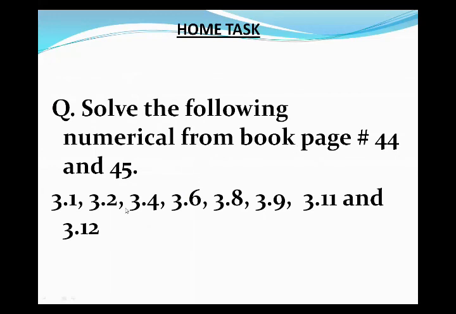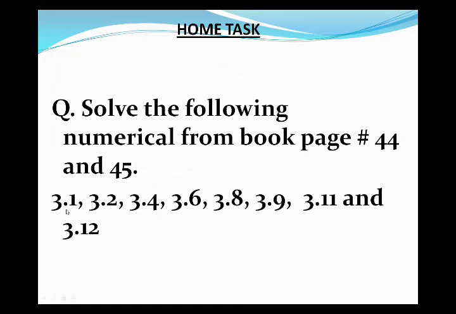Okay, student, now let's see the numerical 3.1. If you see the numerical 3.1, you can see that here you have to find the time taken. So here you just have to use the distance formula, meaning s is equal to v multiplied by t. So when you apply this formula, then you can easily solve the 3.1 numerical.